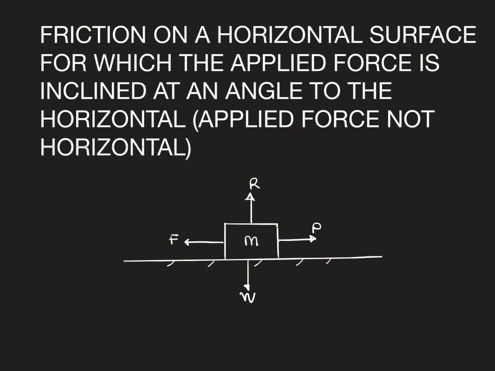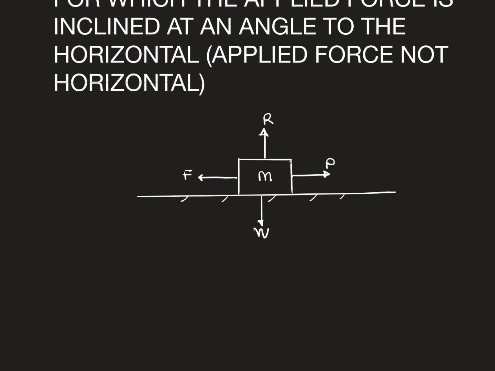Okay? We've said that if this body is at rest, the pulling force or the applied force is equal to the frictional force. And we've said that the normal reaction R is equal to the weight of the object. This is only true when the applied force is exactly horizontal.